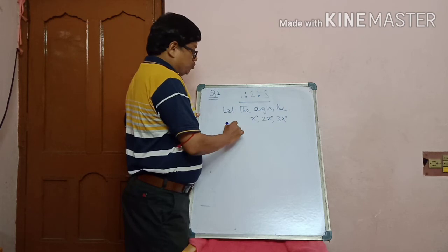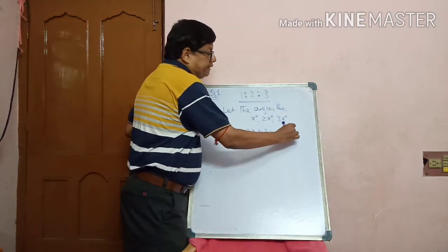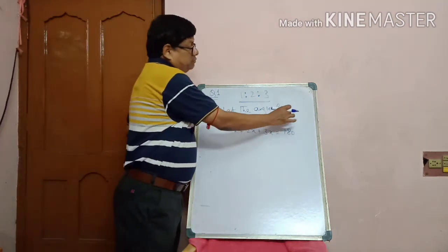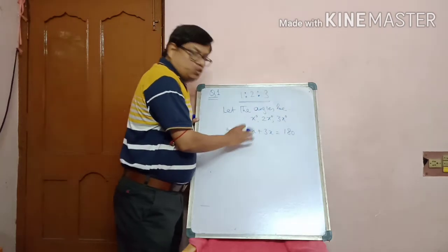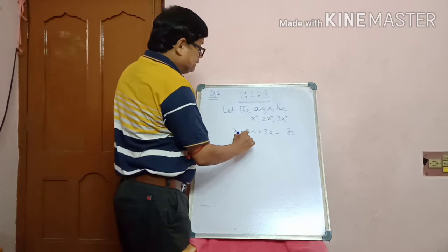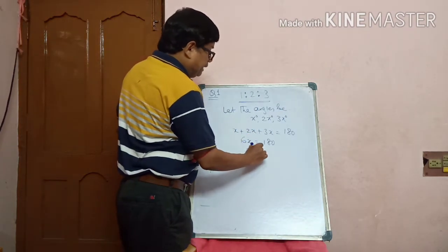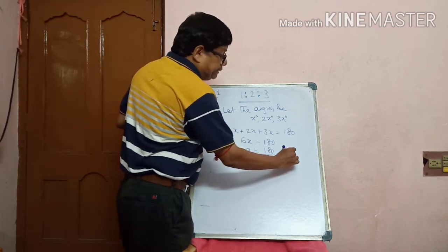So write x plus twice x plus thrice x. We know 180 degree. You can't remove degree. Here you can write, no problem. x plus 2x plus 3x equal to 180. So write that is 6x equals 180. So x equals 180 by 6, that is 30.